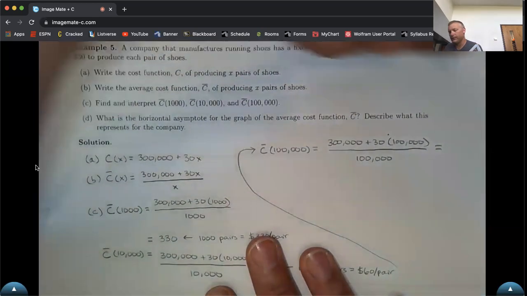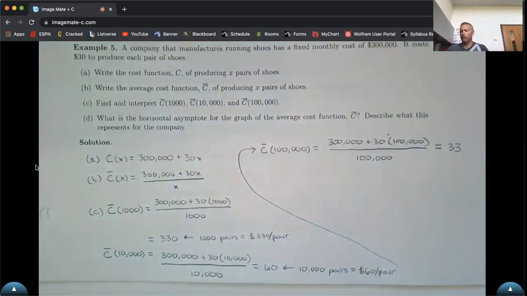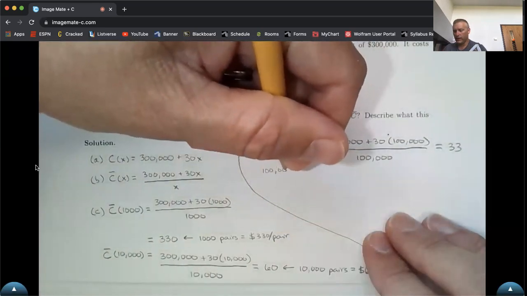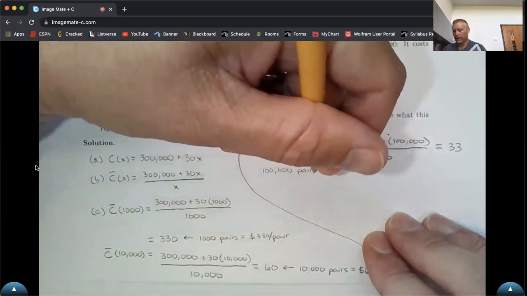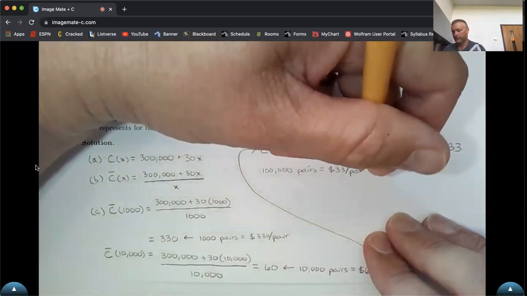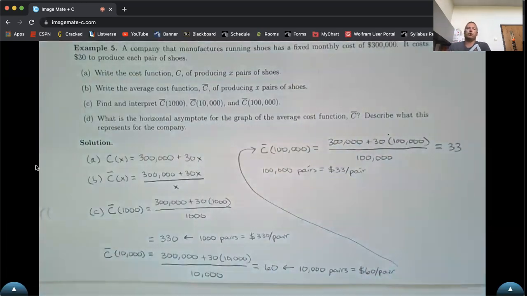If we simplify this, we get 33. And so what this means is that if we produce 100,000 pairs of shoes, the average cost per pair is $33. So we see that that average cost per pair is dropping.